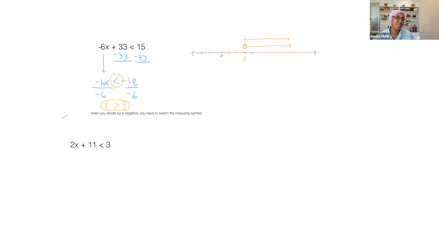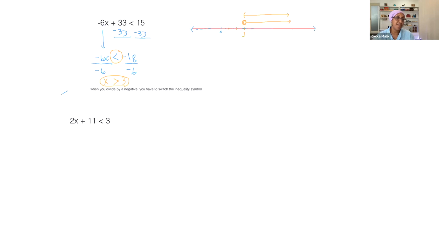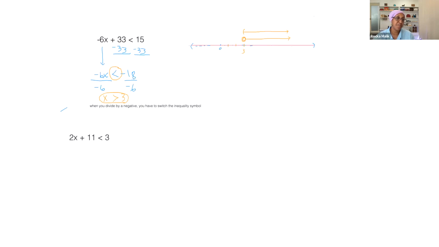Come on now. Good job. Now that's tacky, huh? That's pretty tacky. But 2x plus 11 less than or equal to 3. When you have one variable, you'll have just one line to graph.